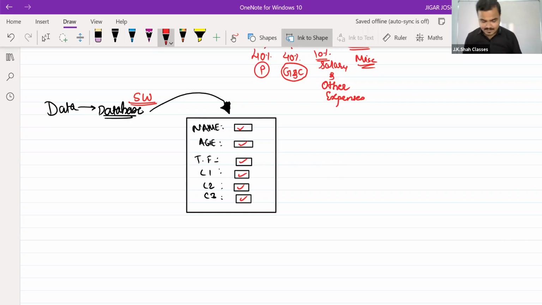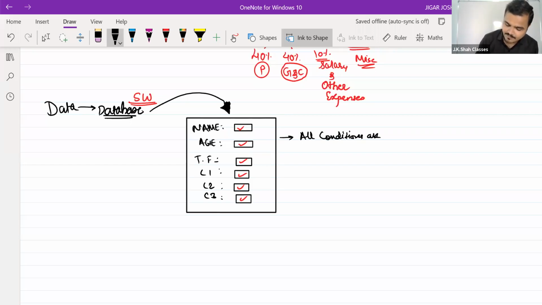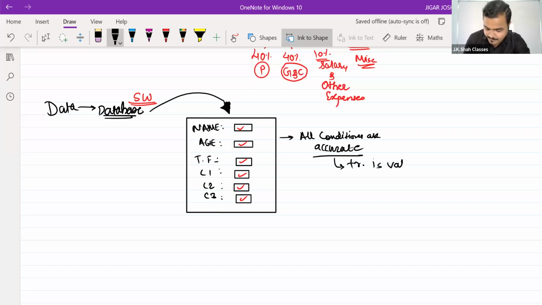Suppose all conditions are accurate, there is nothing which demands the auditor's attention, then we'll say the transaction is valid, and also no need for auditor's review.